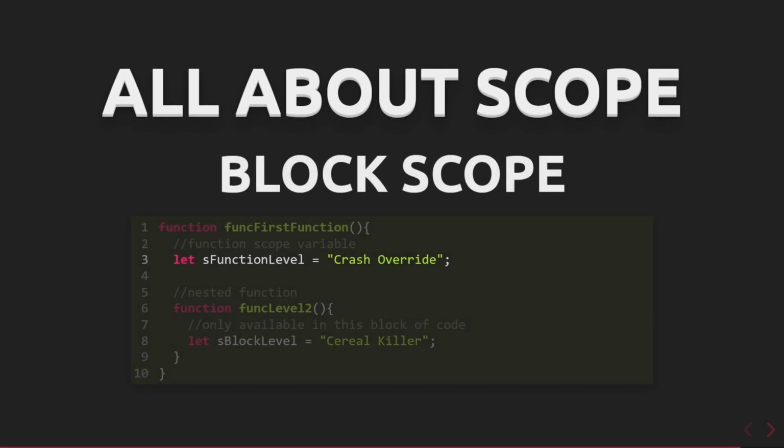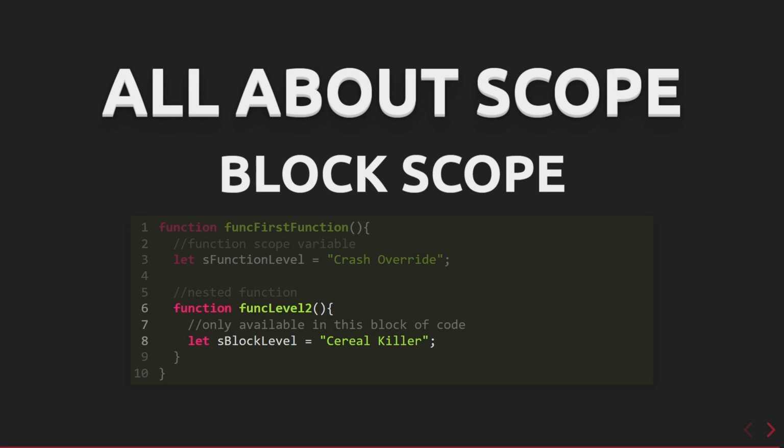Block scope. Then what exactly is block scope? Anything inside curly braces is considered a block. So in this example we have a function called funcFirstFunction. In that function we have a variable called sFunctionLevel. This equals crash override. That variable, sFunctionLevel, is available throughout the entirety of this function. However, inside this function we have a nested function called funcLevel2.